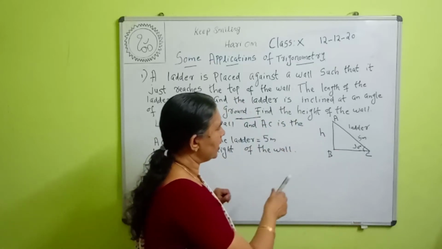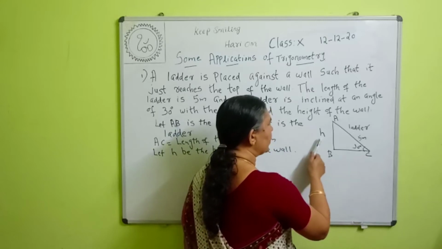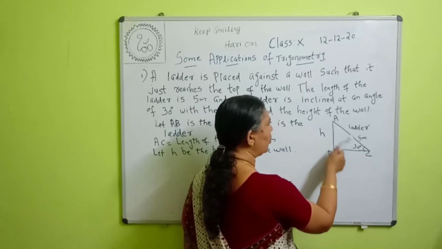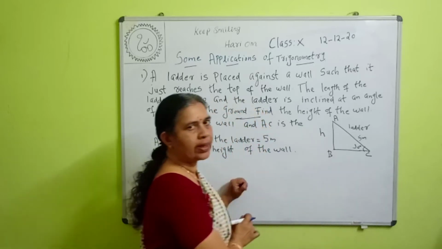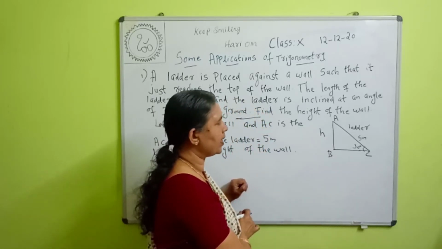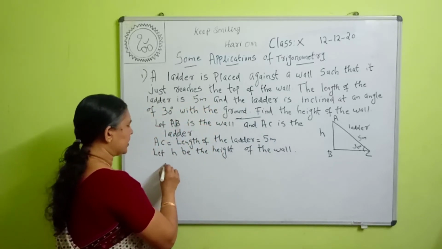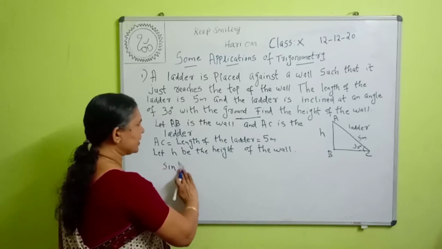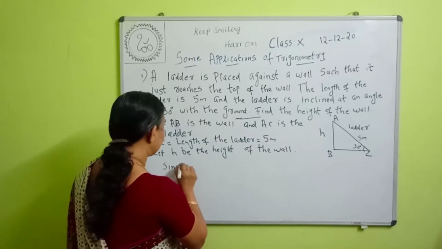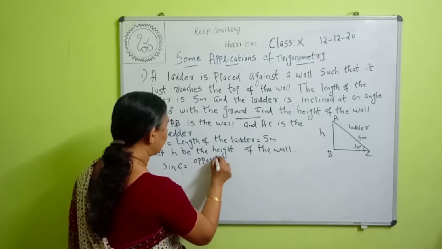Here if we take the angle 30 degrees, its opposite side is H and its hypotenuse is 5 meters. Then which trigonometric ratio can you use here? Ajay? Sin 30. Sin theta is equal to opposite side by hypotenuse.